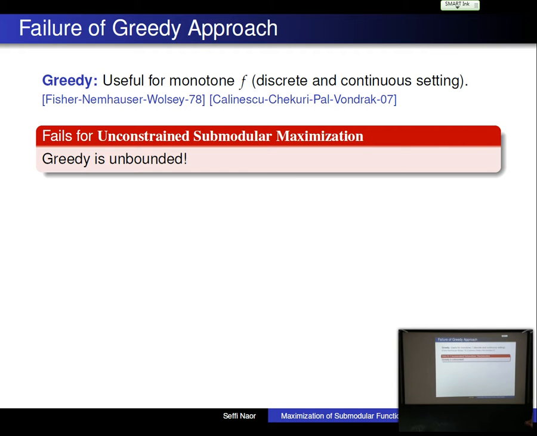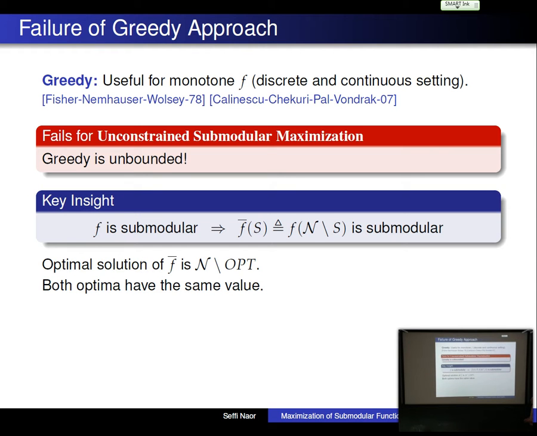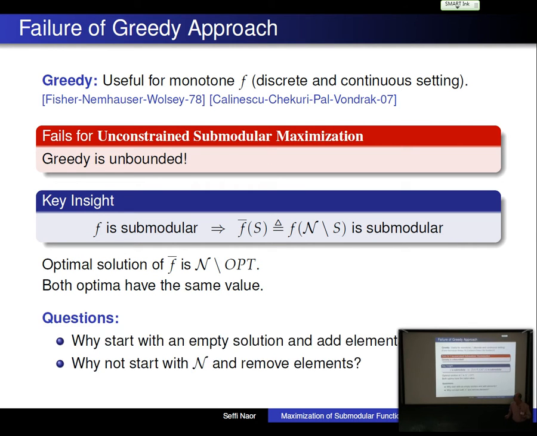So the problem with greedy is that it fails for non-monotone functions. The basic greedy algorithm starts with an empty set and starts adding elements to it.